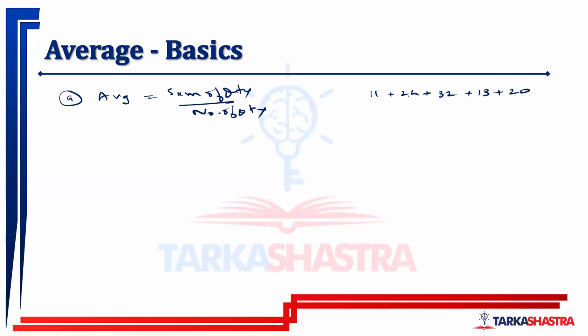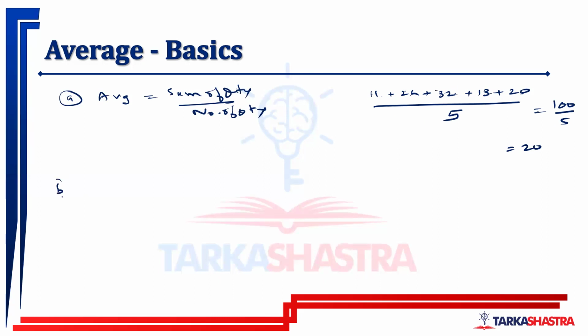It will be 11 plus 24 plus 32 plus 13 plus 20 divided by 5. Why divided by 5? Because the number of quantities is 5. Simply add it. This is going to be 35. 35 plus 45 is 80. 80 plus 20 is 100. 100 divided by 5. Overall average is going to be 20. This is how you find out the average.